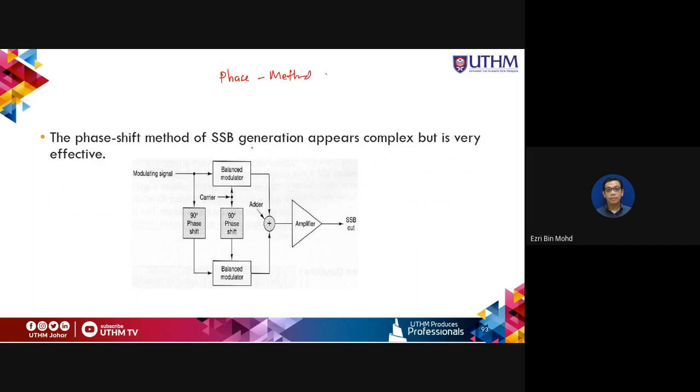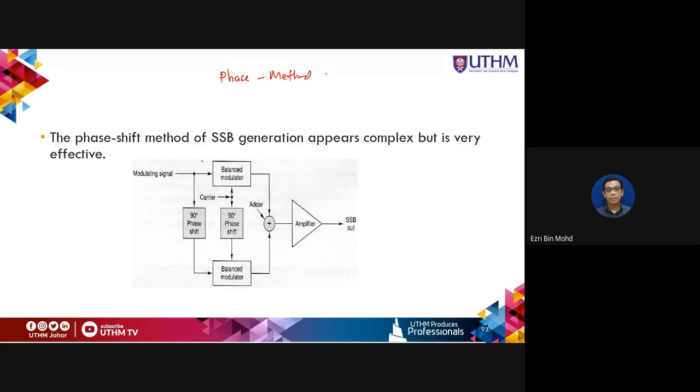So the phase shift method of single sideband generation appears complex but it's very effective lah. So here is a circuit diagram for generating a single sideband. Okay. So let's say for example modulating signal, balance modulator, we have two balance modulators.